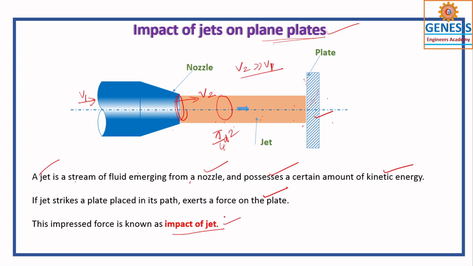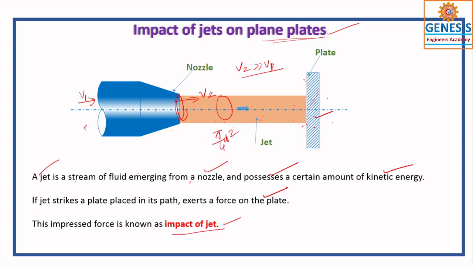Have you got it? So the jet is the one coming out of the nozzle. It will surely have some kinetic energy; the exit jet will have more kinetic energy than the inlet jet, and this is going to strike the plate.